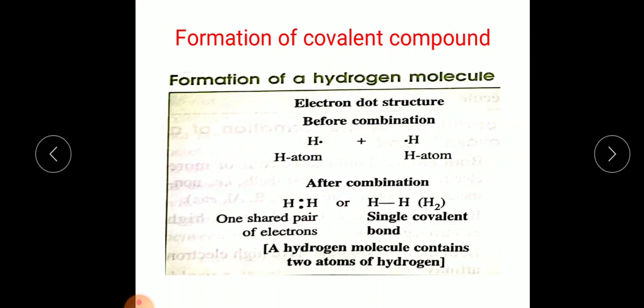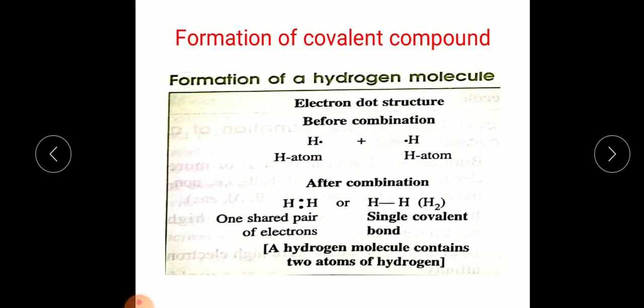Next, we'll see with an example how the formation of a covalent bond or covalent compound takes place. There are so many covalent compounds: hydrogen, oxygen, nitrogen, hydrogen chloride, water, carbon dioxide, carbon tetrachloride, methane. So we'll see how it is formed. Say for example, in a hydrogen molecule we have two hydrogen atoms, and each hydrogen atom has one electron.